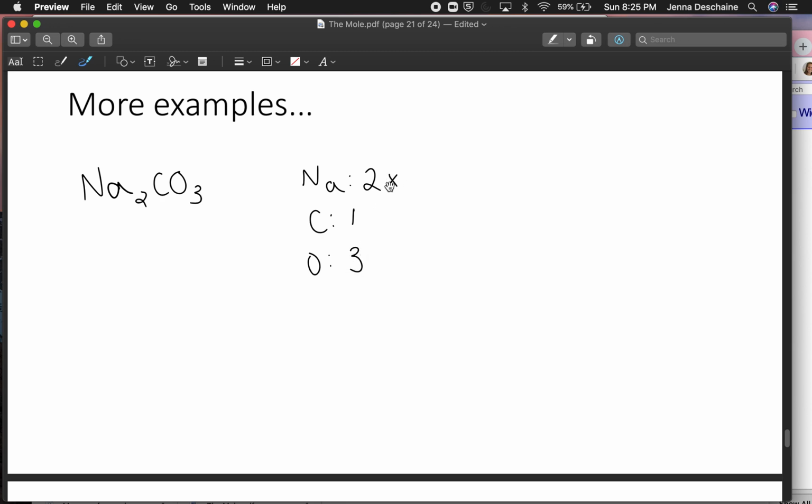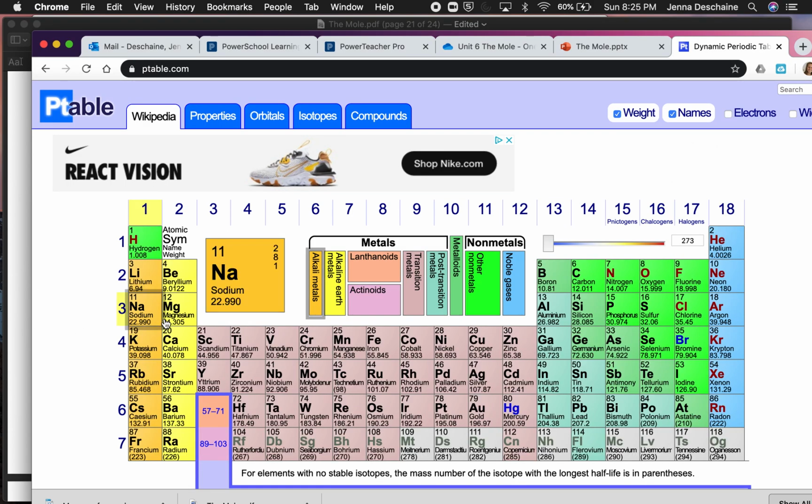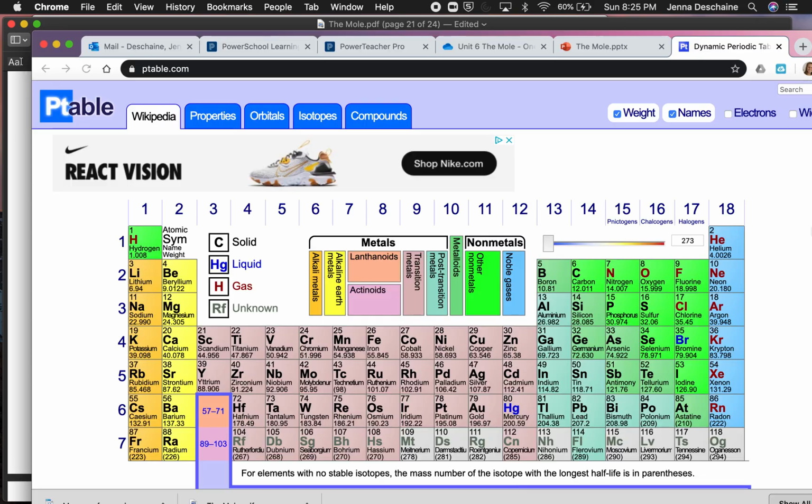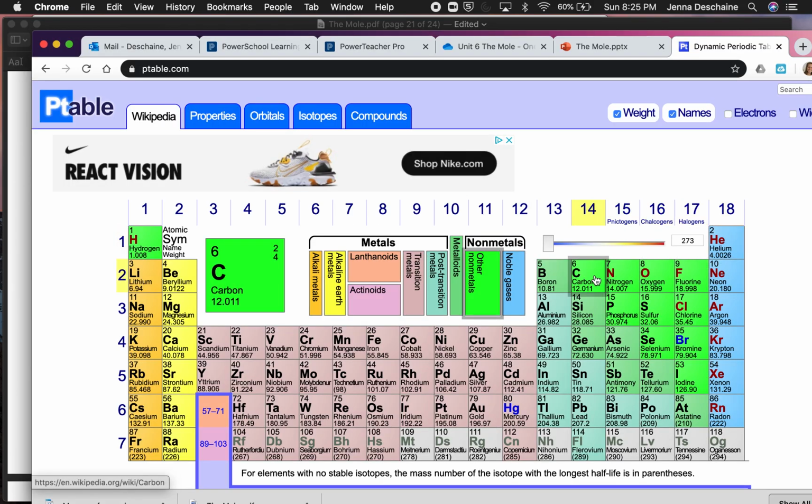Then I'm going to make sure I find the mass of each one of these using the periodic table. For sodium, it happens to be 22.99. Just try to keep it to 2 decimal places. Carbon, pretty sure is 12.01. Yep, 12.01.